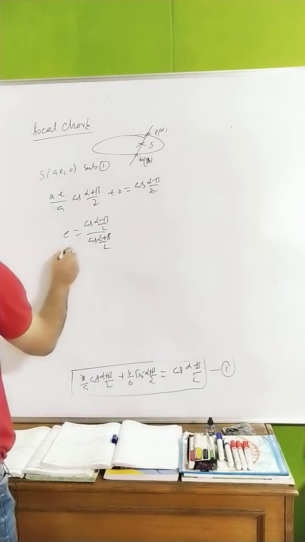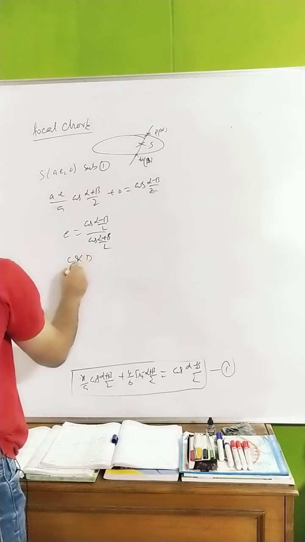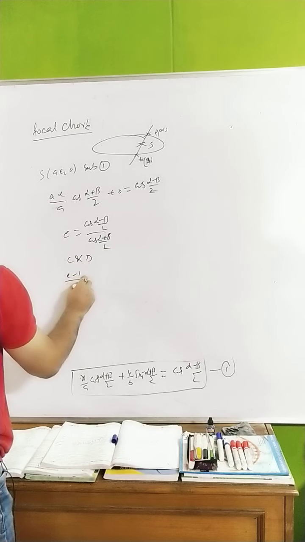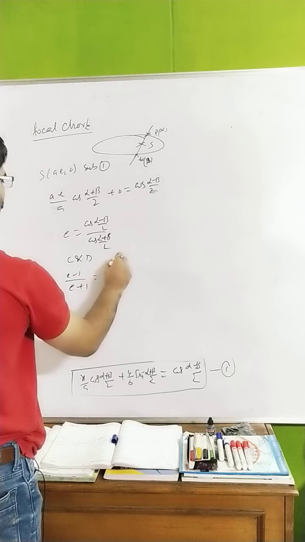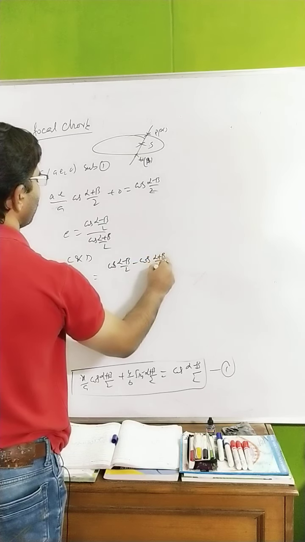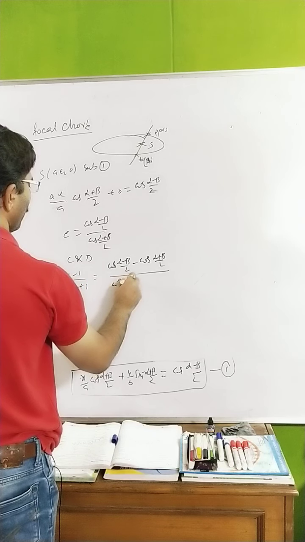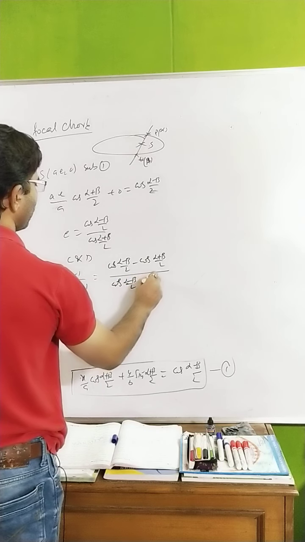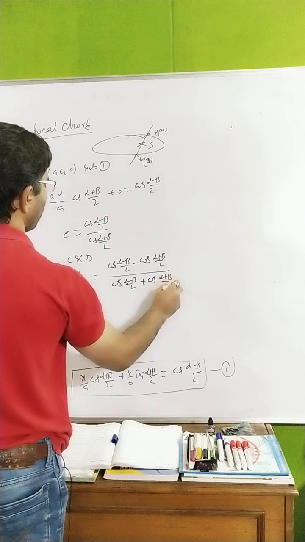For that, go for componendo and dividendo. Writing (e minus 1)/(e plus 1), that is cos((alpha minus beta)/2) minus cos((alpha plus beta)/2) divided by cos((alpha minus beta)/2) plus cos((alpha plus beta)/2).